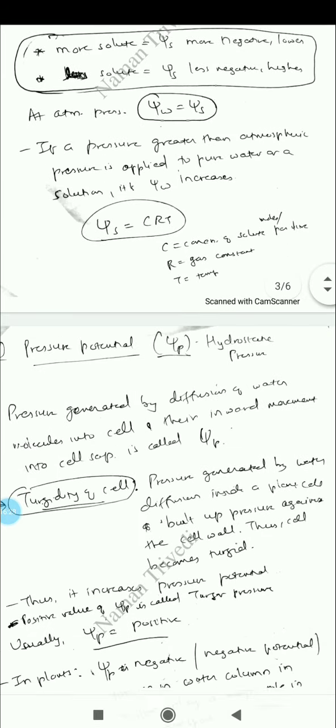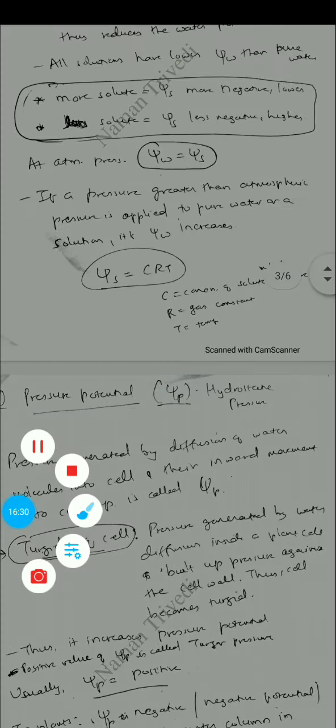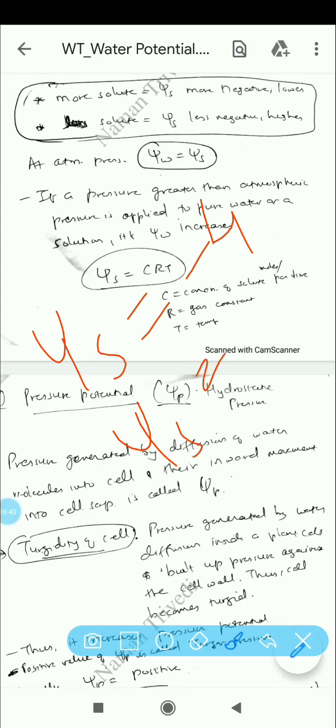Let's take another example. Psi s of one solution is -4 and psi s of the other solution is -8.